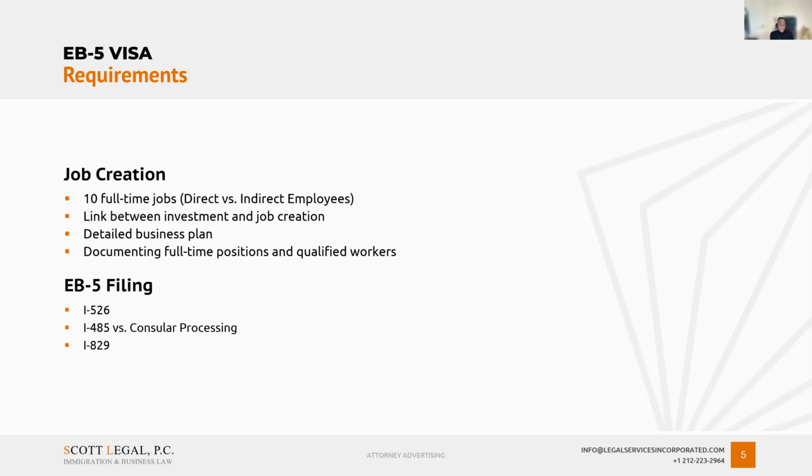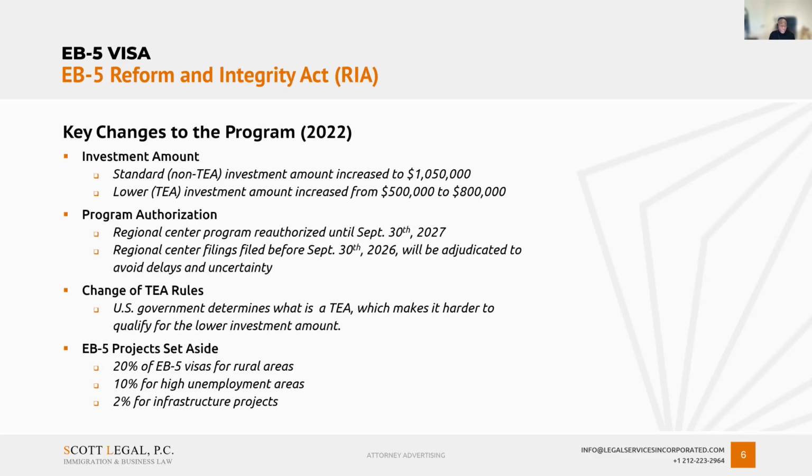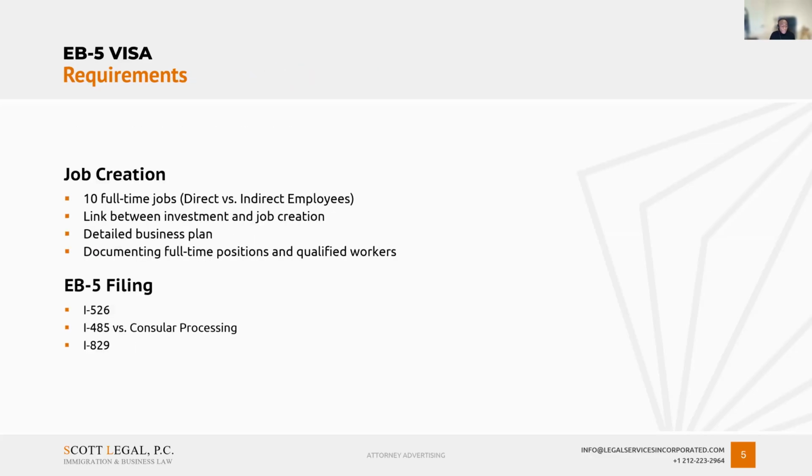Then 2 years after you have the green card, you'd file an I-829, which is a form filed to remove the conditions. Because what happens is you get the green card, but it's conditional on creating the U.S. jobs. And once you've created them, you show the government that you've created them, and then they remove those conditions and give you the green card for 10 years.